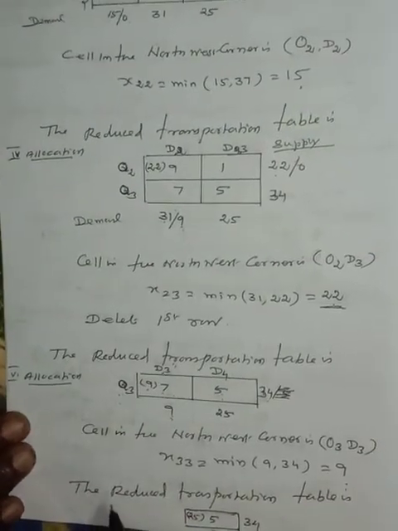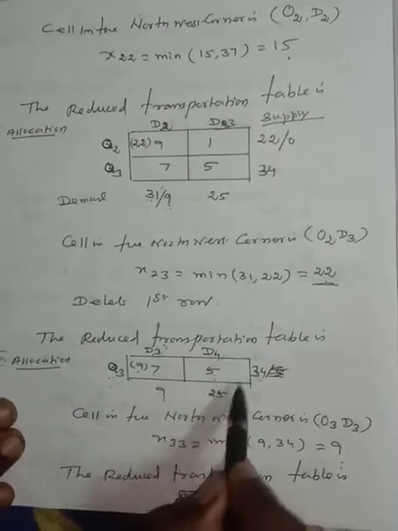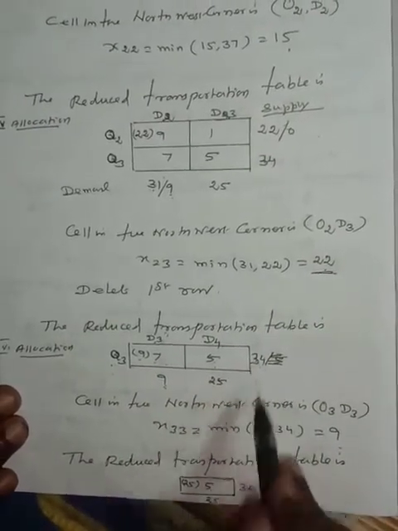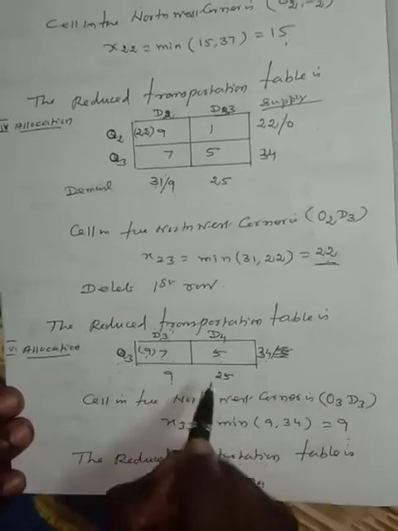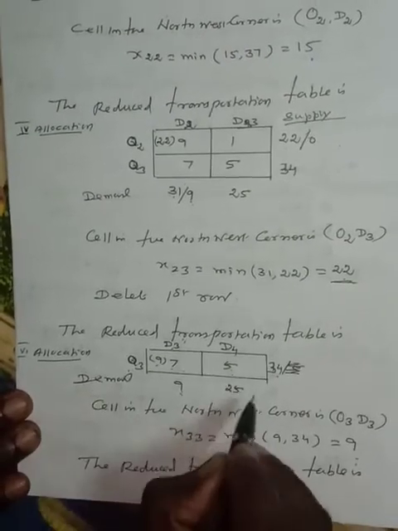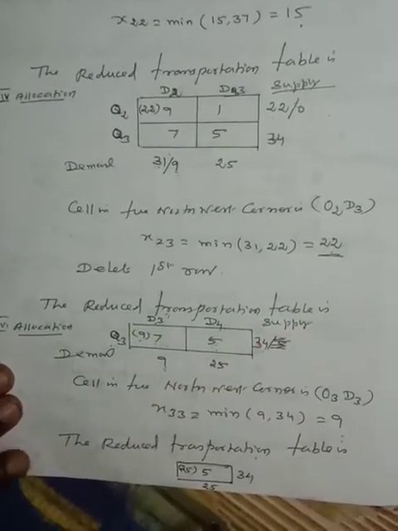Okay, the reduced transportation table is next, one more part, 5 only. 5 right hand side 34, demand 9, demand 25, supply 34.